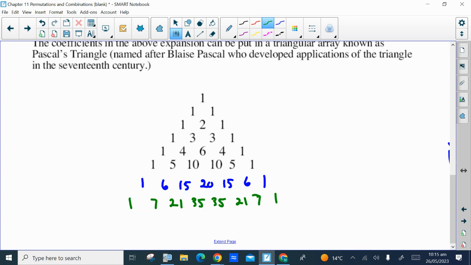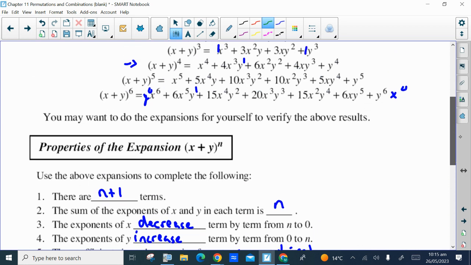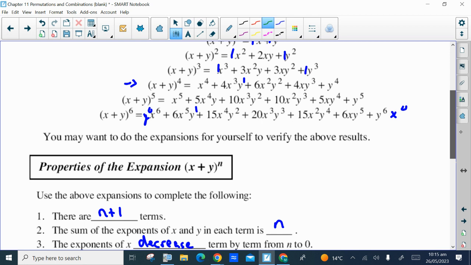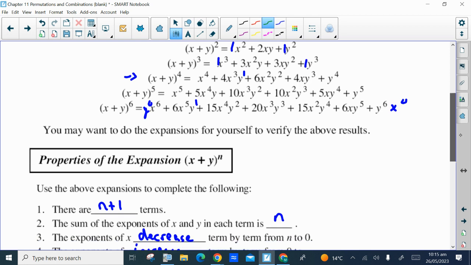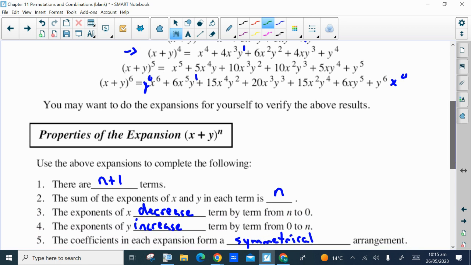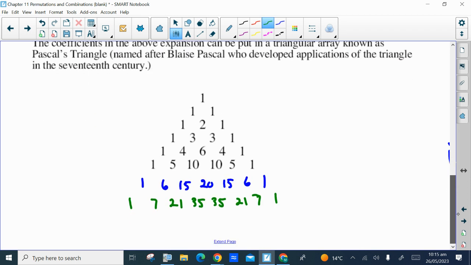But one of the applications of Pascal's triangle is you can use it to get the coefficients of an expansion. If we look at the last row in the expansion, the coefficients are 1, 6, 15, 20, 15, 6, and 1. That's this row right there. So how do you know which row of Pascal's triangle connects to the proper expansion? Well, there's a couple ways you can figure that out.